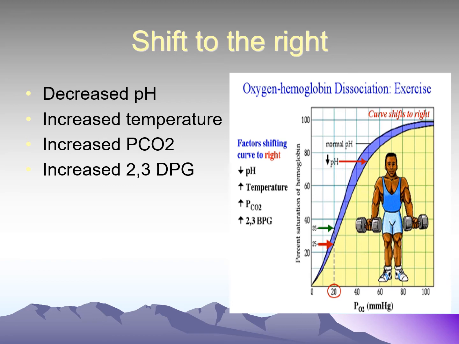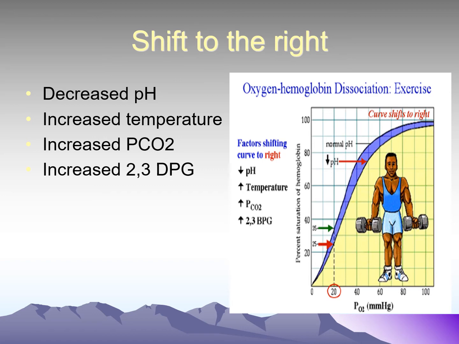This is where the tissues are going to need more oxygen, so your metabolism is up. Because your metabolism is up, you have an increased temperature, fever for example, and you're also producing more CO2, which goes in line with that decreased pH.